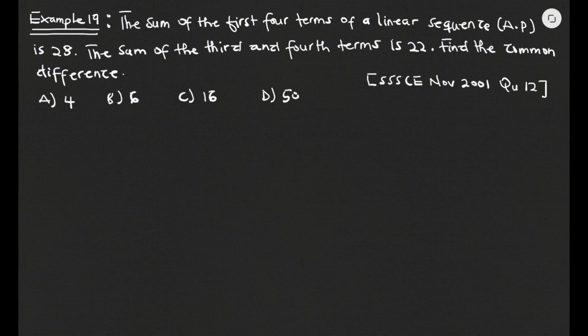The sum of the third and fourth terms is 22. We have to find the common difference. I have options A is 4, B is 6, C is 16, and D is 50. And this problem came in the SSE November 2001 question number 12 as an objective question.